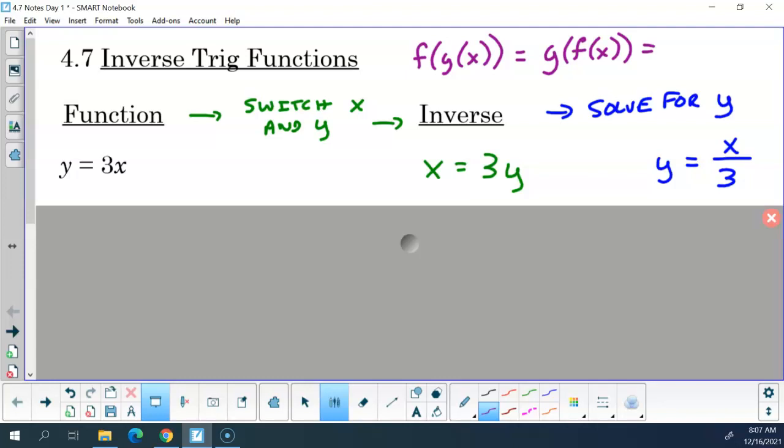Because you plug this in for x, right? You plug that in here, and you get 3 times that, and you just get x. That means it's truly an inverse.